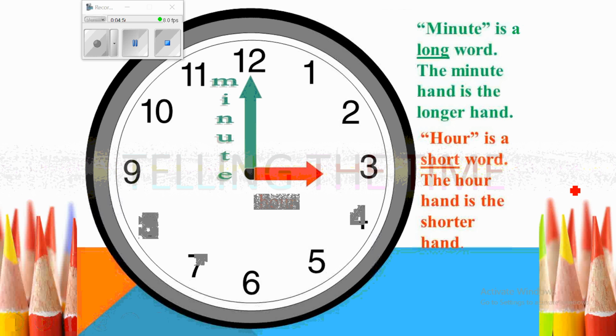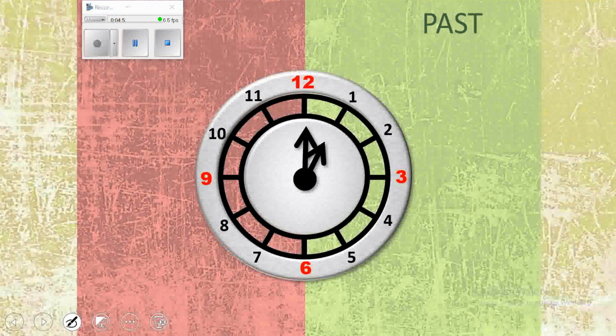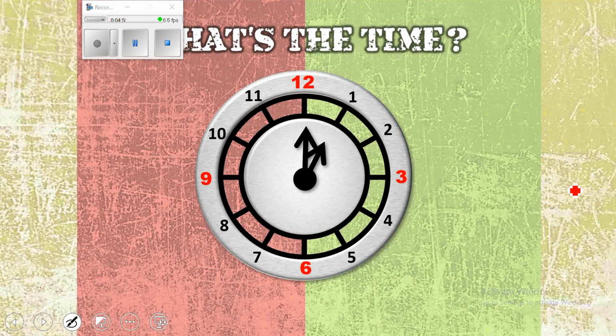Let's see now. If I'm telling you about this time, what is the time? When I want to read the time, I have to read the minutes and the hour. The minute hand is on 12. 12 means what? 12 minutes? No, it's a clock. 0 minutes.